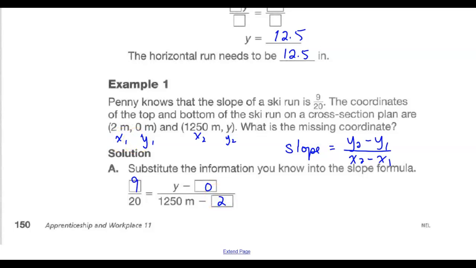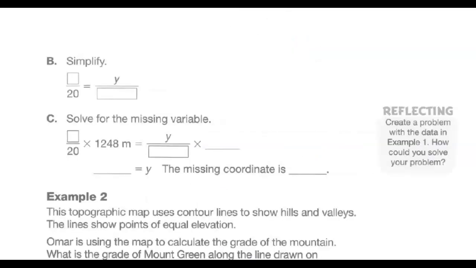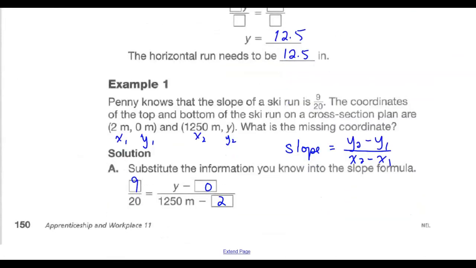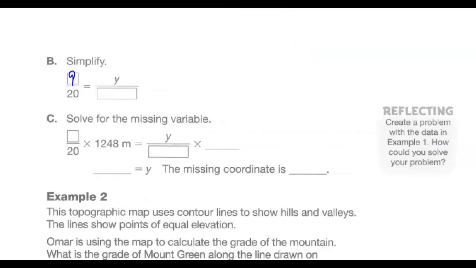Okay, I think it's probably continued on the next page. So 9 over 20 equals y minus 0, which is y, over 1,250 minus 2, which is 1,248. Okay, so to get y by itself, we want to multiply by the denominator, 1,248, on both sides.